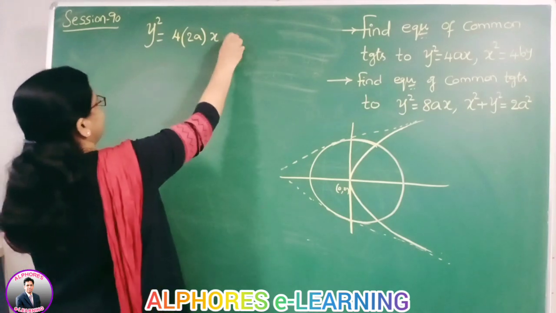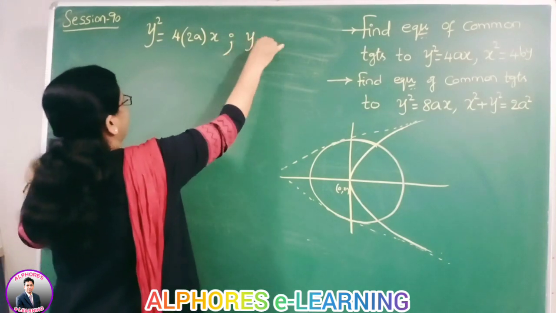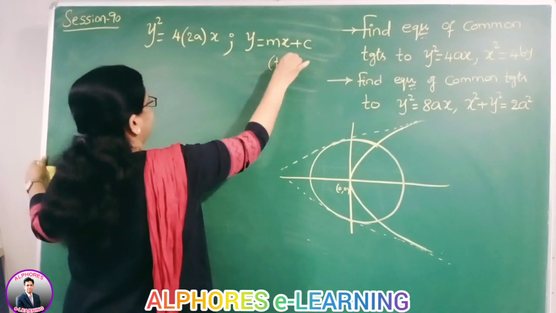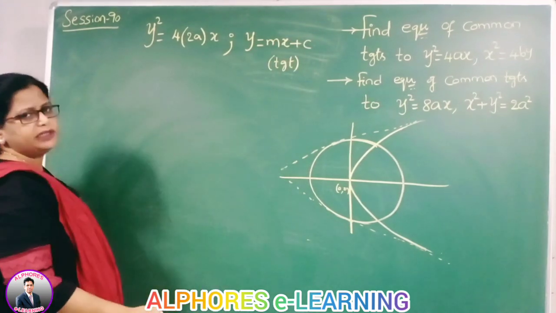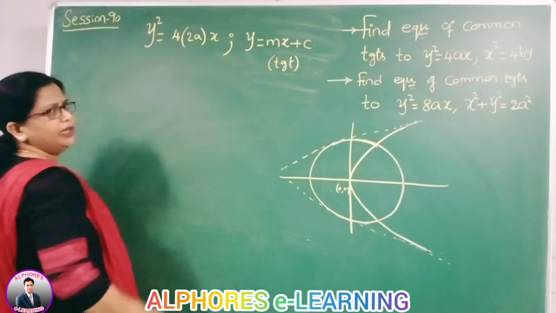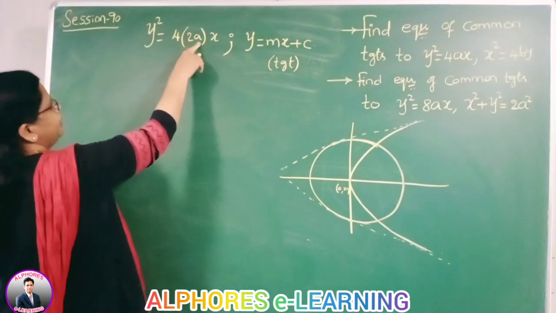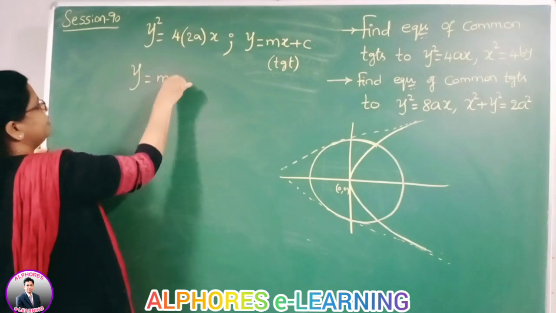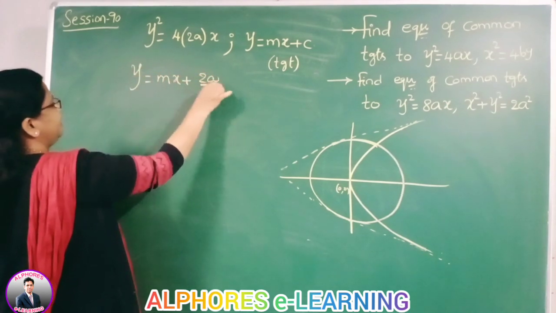Now let us take the tangent as y is mx plus c. This is our tangent equation. Now once it is a tangent equation, what is our formula? c is a by m. Here in place of a you have 2a. So c is 2a divided by m, right?